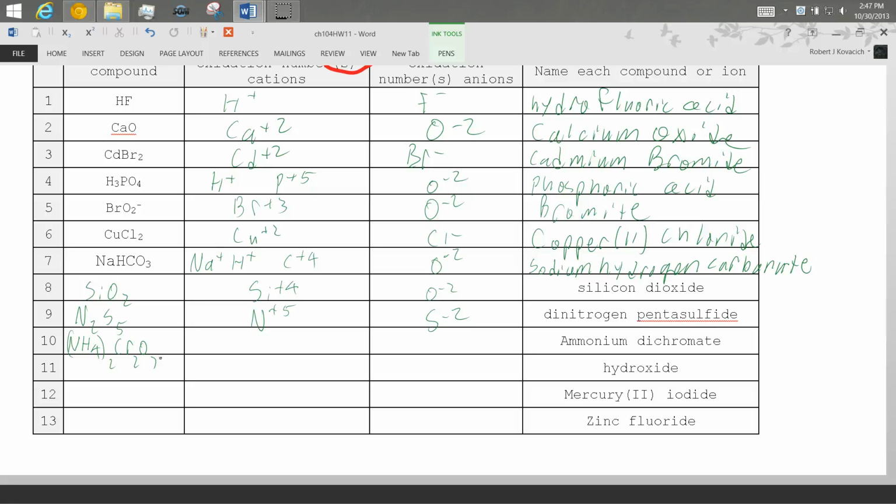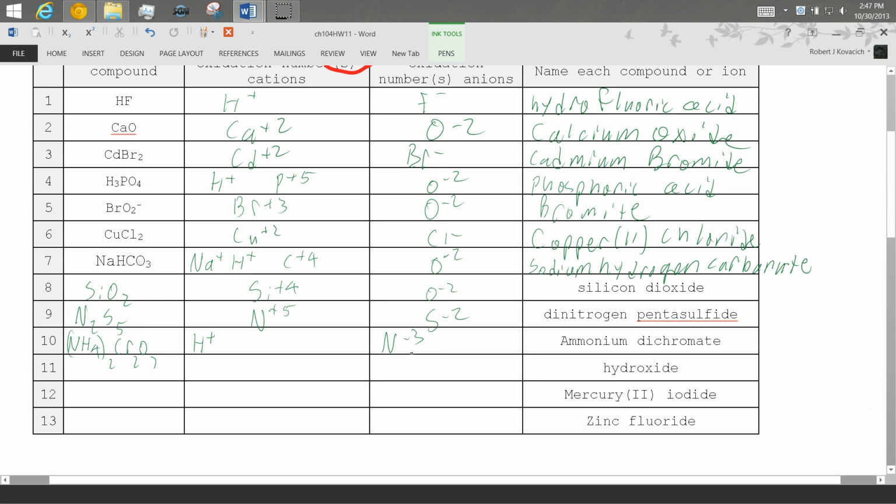What I would do is disassemble them into their polyatomic ions and then break that down. In an ammonium ion, it's NH4 plus. So that makes the hydrogens all +1. And if I've got +1, +1, +1, +1, and I have to leave a +1, that makes the nitrogen a -3.